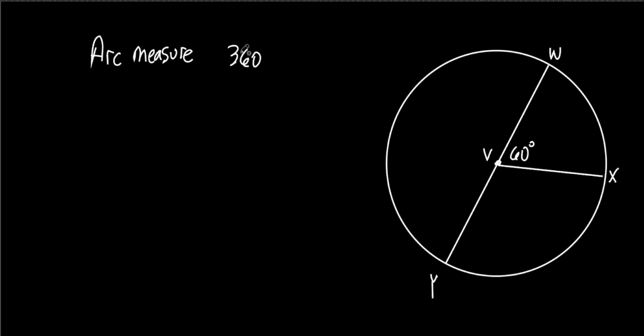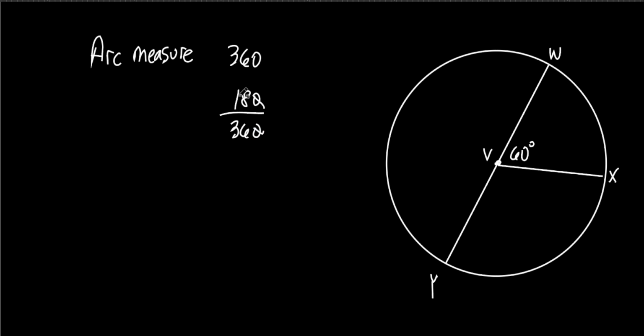So around a whole circle is 360, and then half of a circle would be 180 divided by 360.